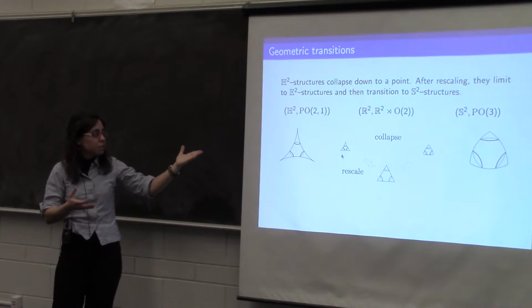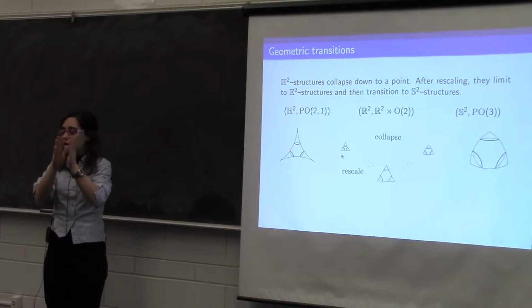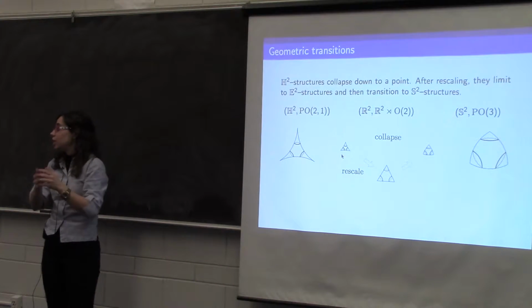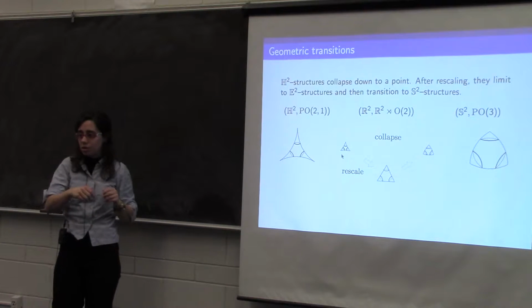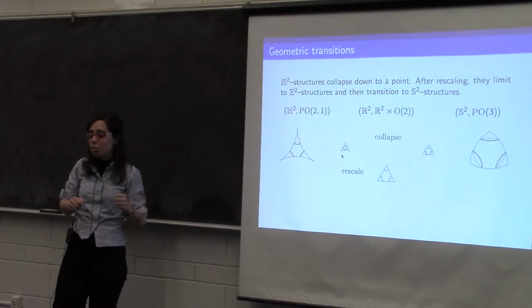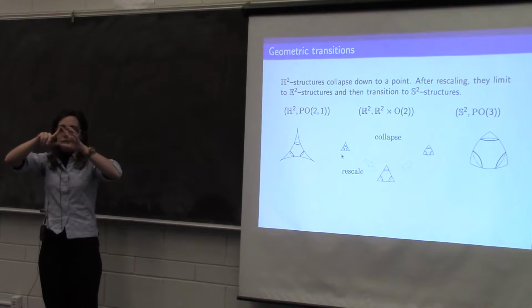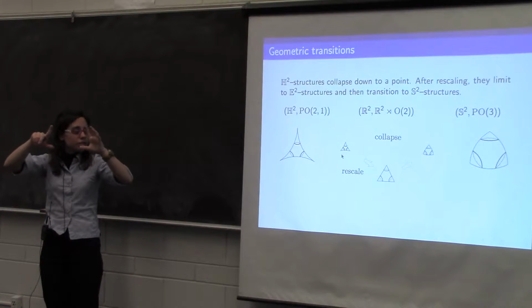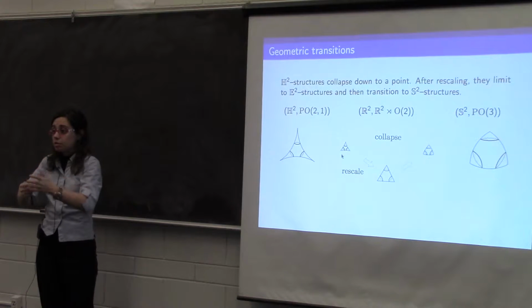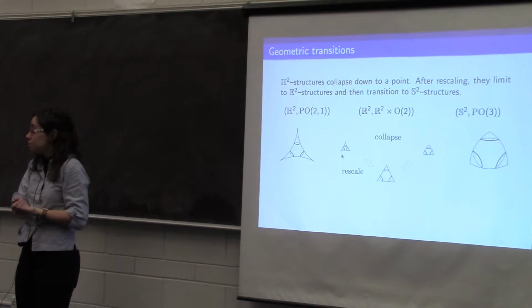Here in the picture, I doubled the triangle along the edges to have a sphere with three points removed, but that's the same. And so when you increase, your triangle collapses, so it becomes of area 0.